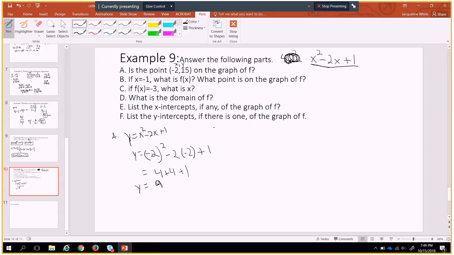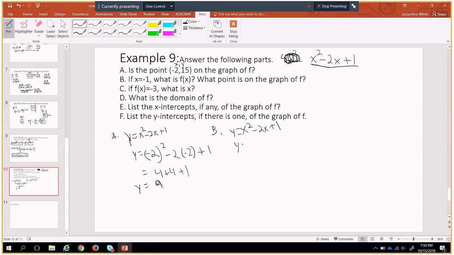Part B, if x is equal to -1, what is f of x? What point is on the graph of f? Right. So we have that y is equal to x squared minus 2x plus 1. If x is equal to -1, what is f of x?